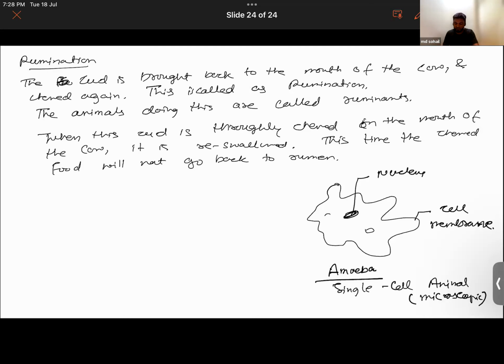So there are some empty spaces in it that we call vacuoles. Those empty spaces are also used for storing food. The vacuoles you are seeing here are of two types: the food vacuole and the contractile vacuole. You only have to study the food vacuole here. So let's talk about the food vacuole only.